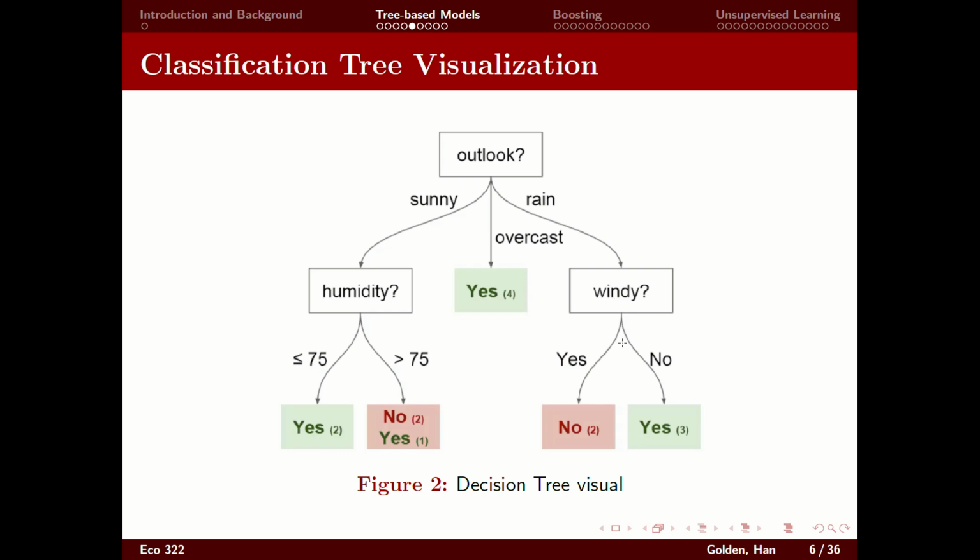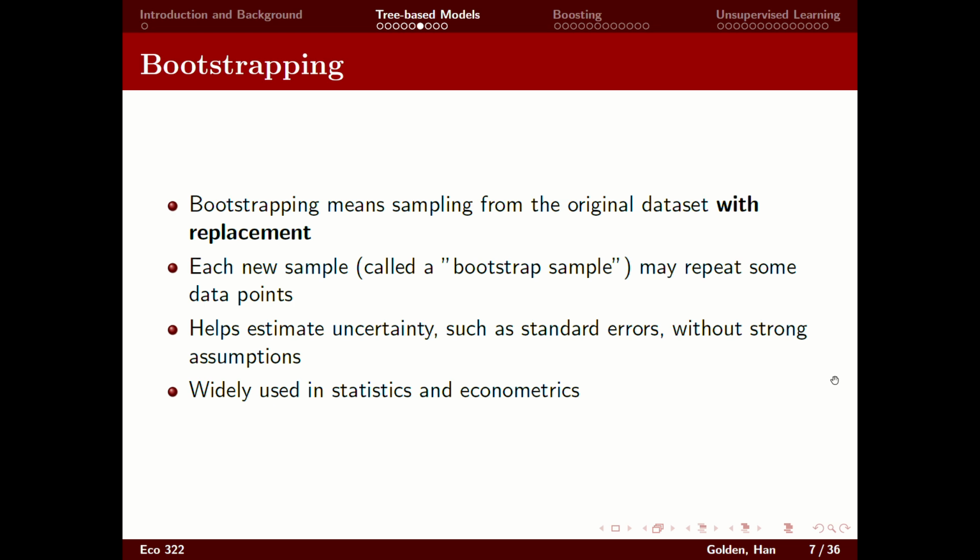If it's rainy, is it also windy? If yes, no, we do not need an umbrella. If no, then yes. I'm not exactly sure what this is predicting. It's not whether or not you need an umbrella, but the outlook, and it's predicting whether the outlook is yes or no based on features.